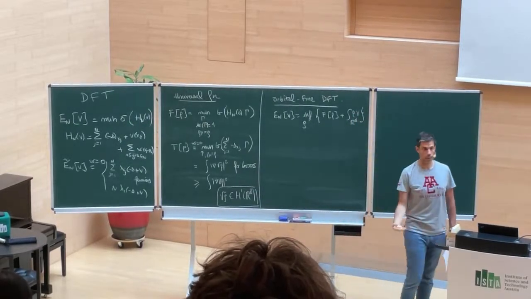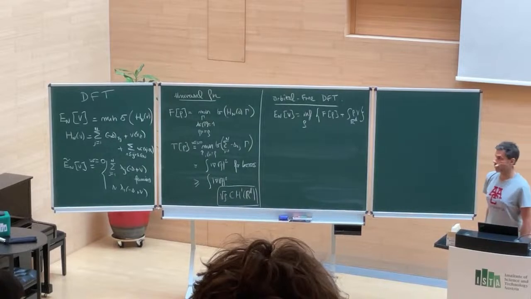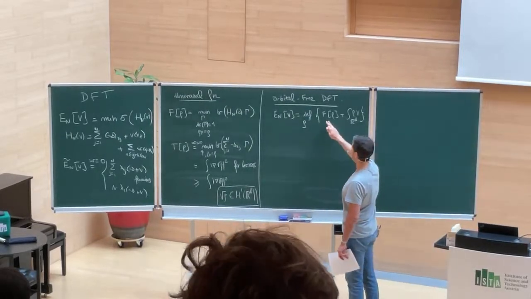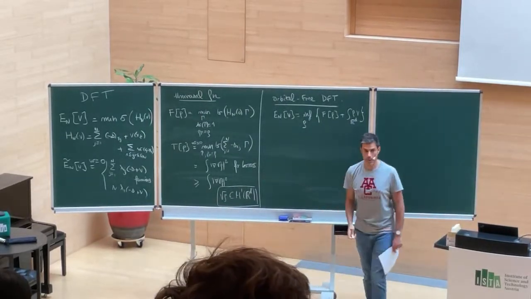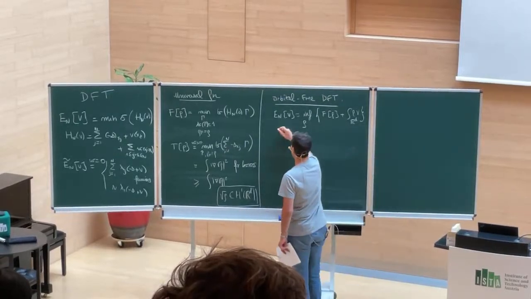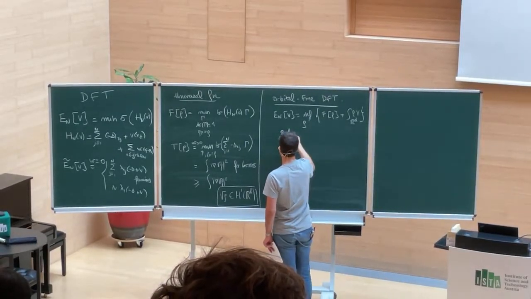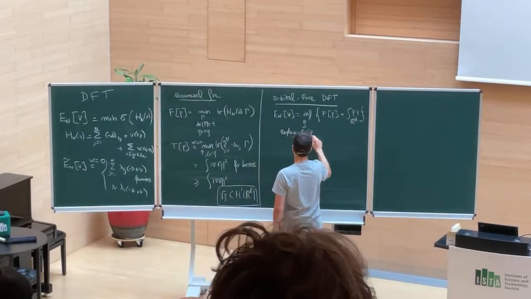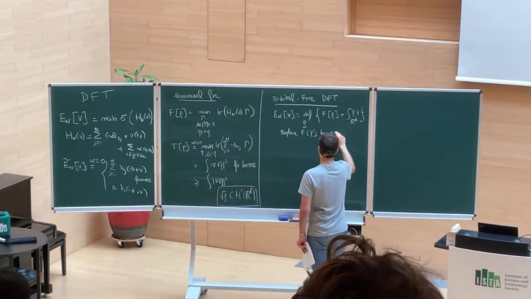And so that's an exact formula. Okay, and then in orbital free DFT, you replace this guy, F of ρ, by an approximation.